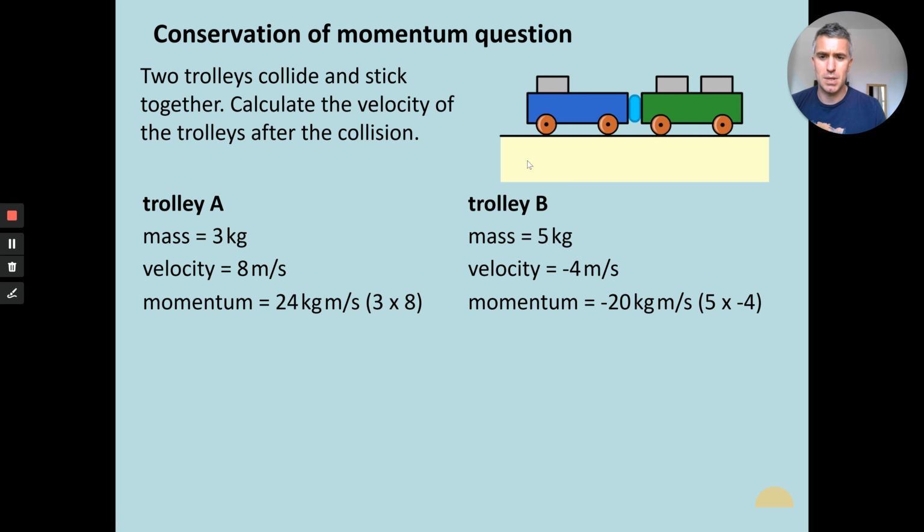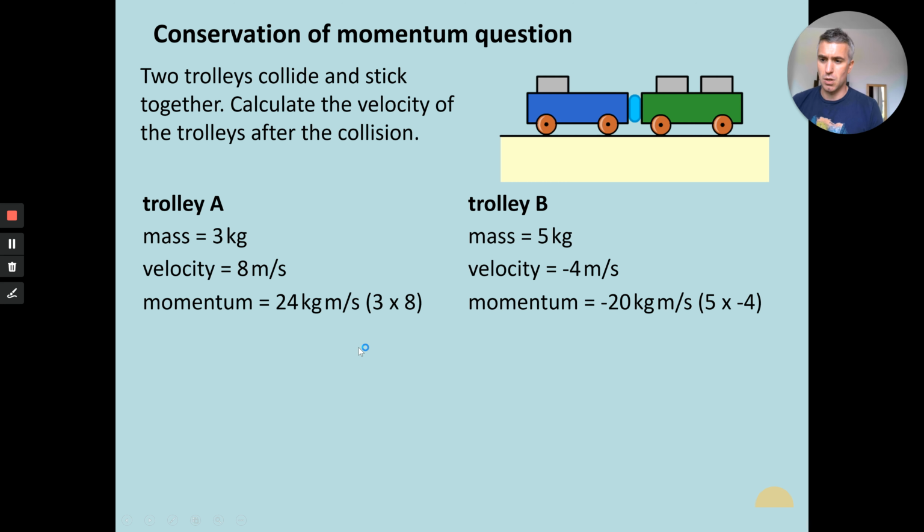The green one has a mass of 5 kilos, and it's going slower, but in that direction. If we work out their momentum, this one has a momentum of minus 24, and this one has a momentum of plus 20 kilogram meters per second.